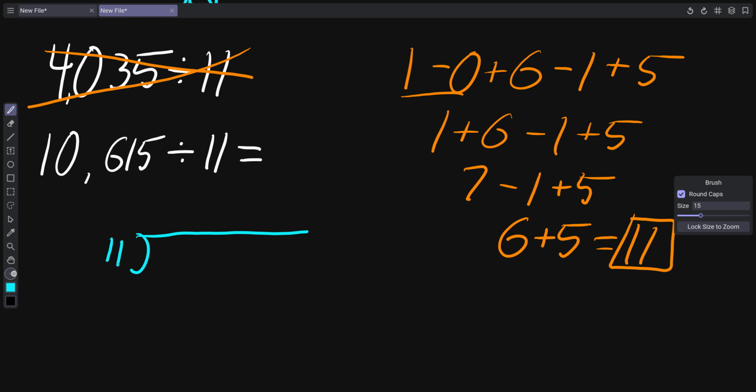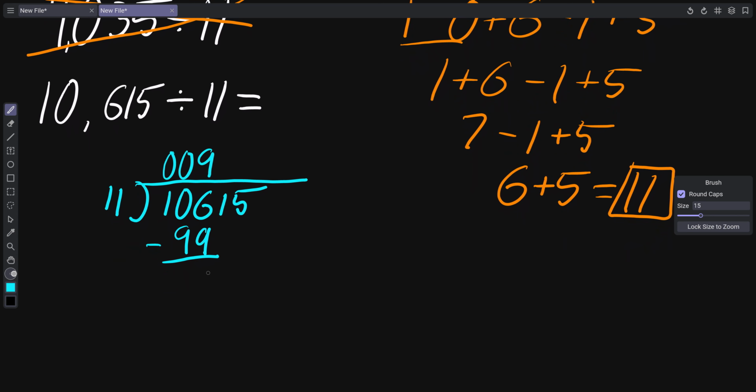So I'll put 11 here, I'll put 10,615 over here. 11 can't go into 1 and it can't go into 10, but it can go into 106. And it can go into 106 9 times. And 9 times 11 equals 99. And we subtract that from this.